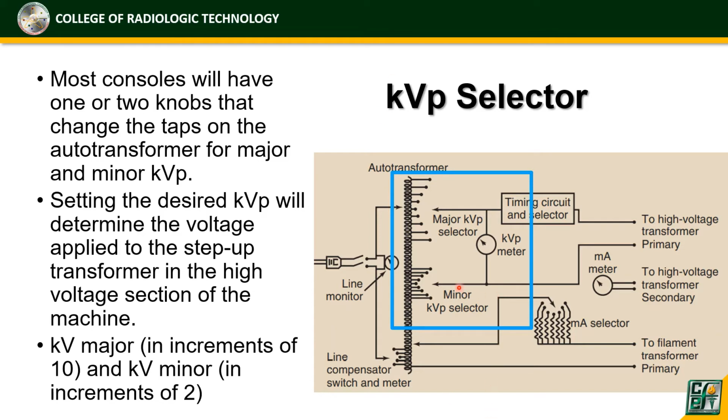For the KVP major, the increment is by 10 in its adjustment. When you turn the knob forward, it will increase by 10. When you turn the knob to the left side, it will decrease by the value of 10. But the minor KVP selector is in increments of 2. So if you need 72, 73, 74, you just need the KVP minor selector.